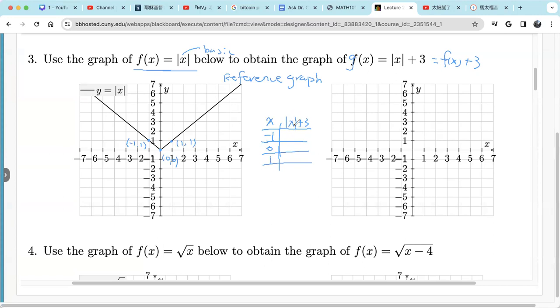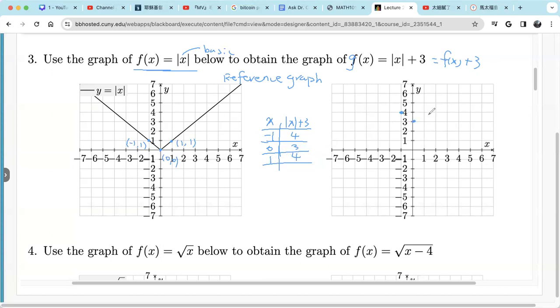Absolute value of -1 is 1. 1 plus 3 gives us 4. Then absolute value of 0 is 0, plus 3, that's 3. Absolute value of 1 is 1, 1 plus 3, also 4. So we get these 3 points: -1, 4; 0, 3; and 1, 4.